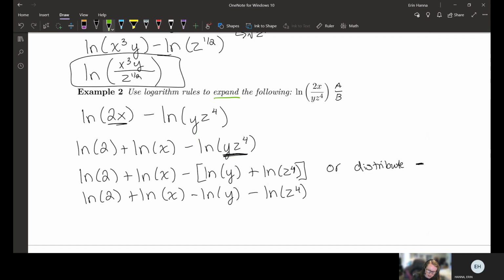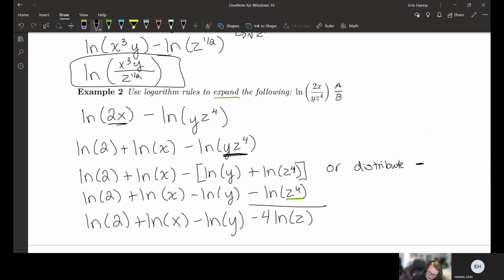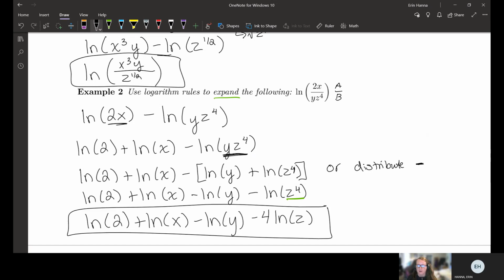And the last piece here is to take care of any powers that you have. The only power we have is in the z to the fourth term. So we have natural log of 2 plus natural log of x minus natural log of y minus 4 natural log of z. And this would be our expanded step here.